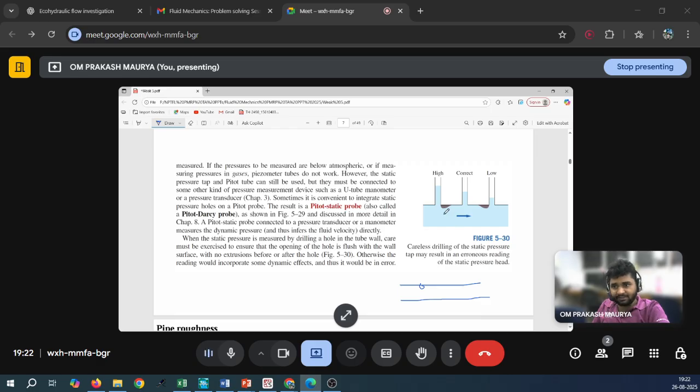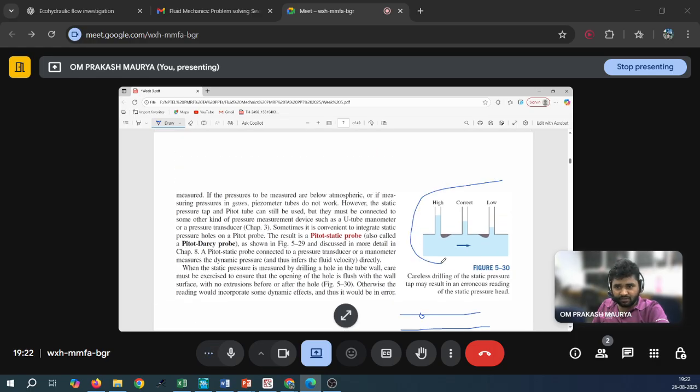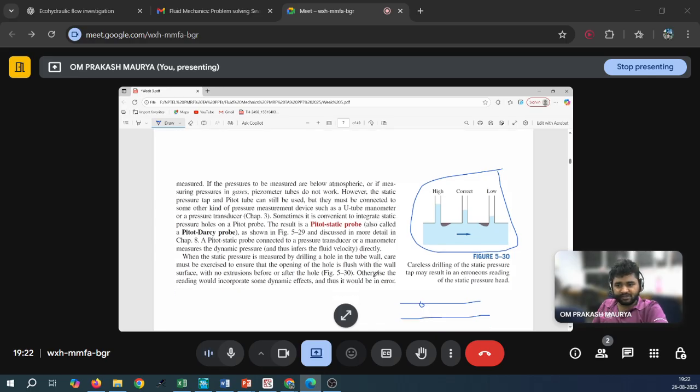The drilling method, or the sharpness of the drilling, will affect more. As you can see here, the height, the effect is here. Once we go through this statement one by one, definitely you will be able to understand.